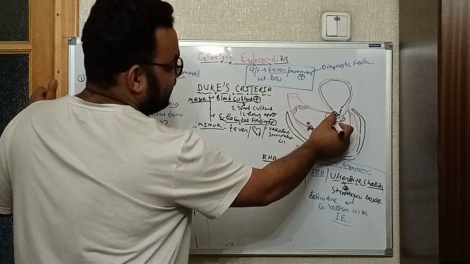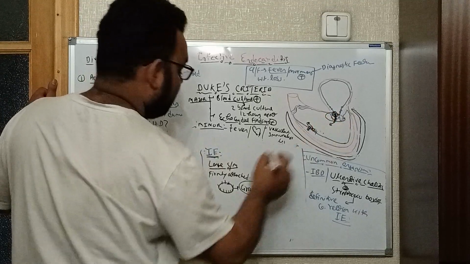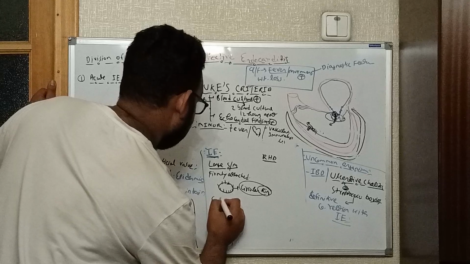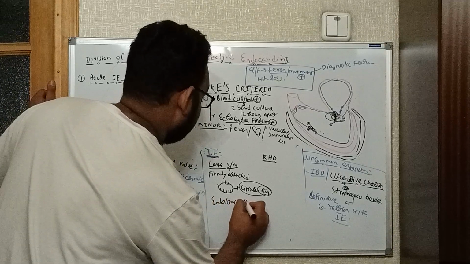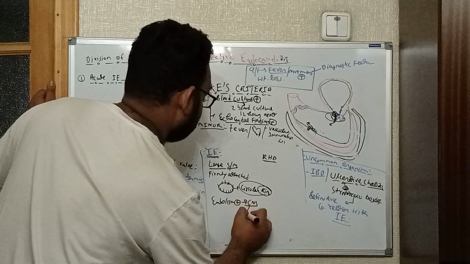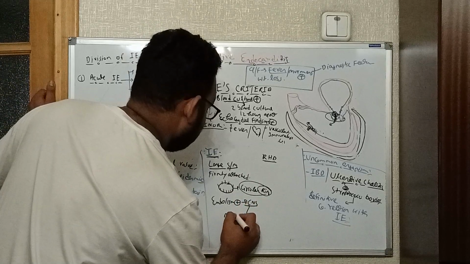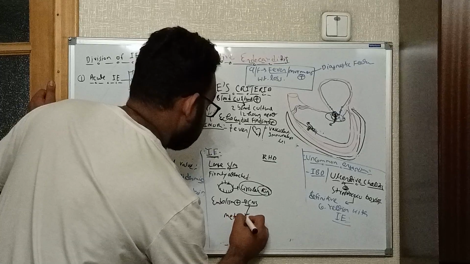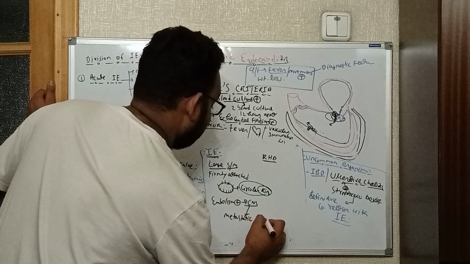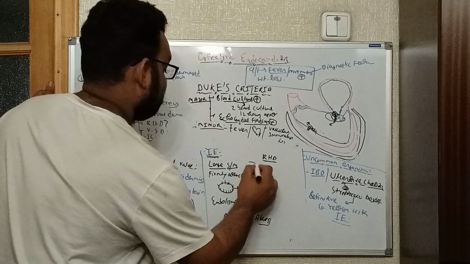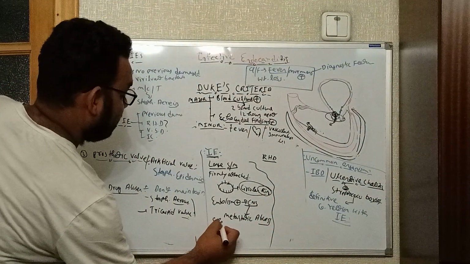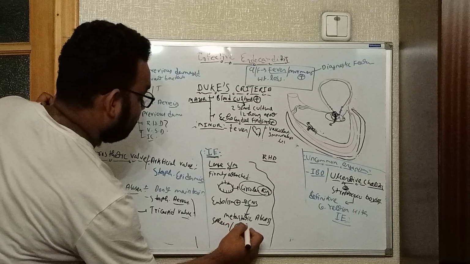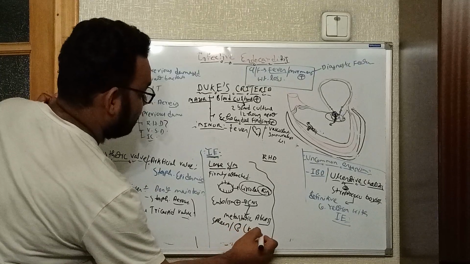So these vegetations can get detached from these regions and form emboli. That can go to different organs, especially the CNS, and ultimately cause metastatic abscess within the CNS, for example. It can go to the spleen also.